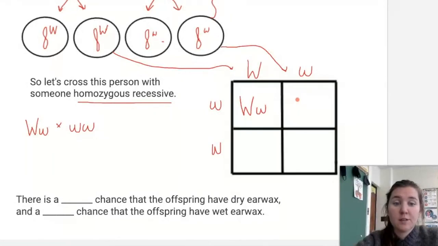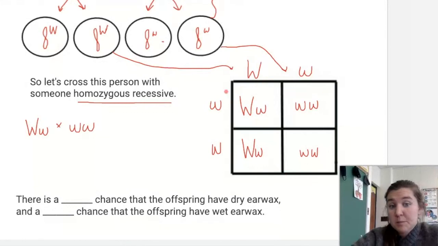That offspring would be heterozygous. This one's homozygous recessive. Heterozygous, homozygous recessive. The inside of the Punnett square represents the potential offspring. These are the possibilities of the genotypes of these people's children.